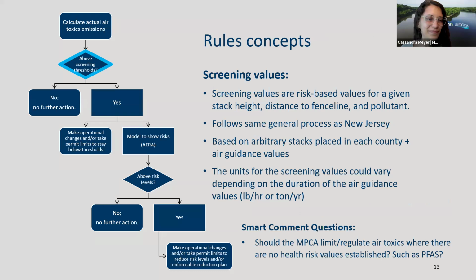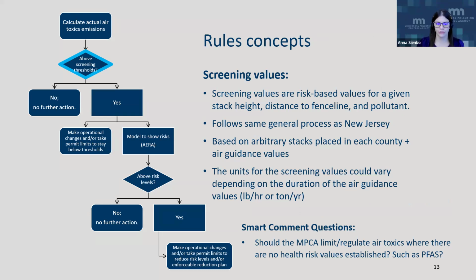Thanks, Cassandra. Yeah, just a reminder, my name's Anna Cinco. I'm an air toxic risk assessor at the agency, and I will be going over the screening values and screening thresholds that we are thinking about.